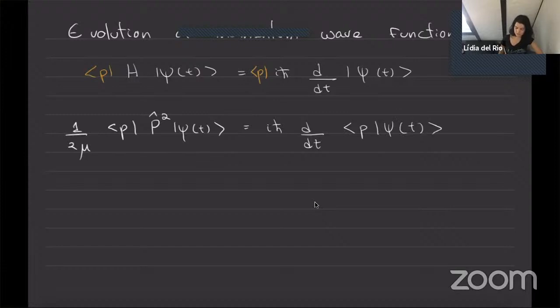So this is just the momentum wave function. Yep. If you don't remember what it is, go see two lectures before when we defined it. And now we need to deal with this one here.